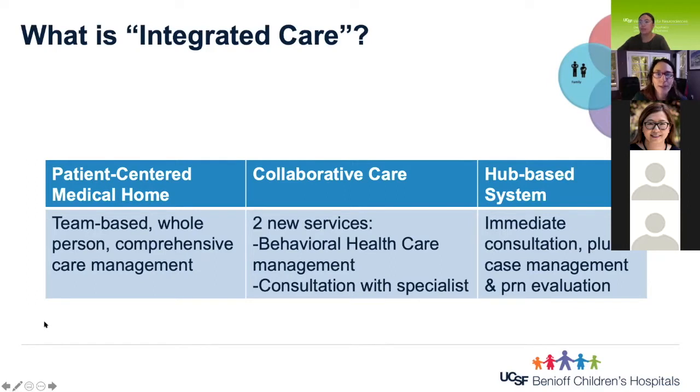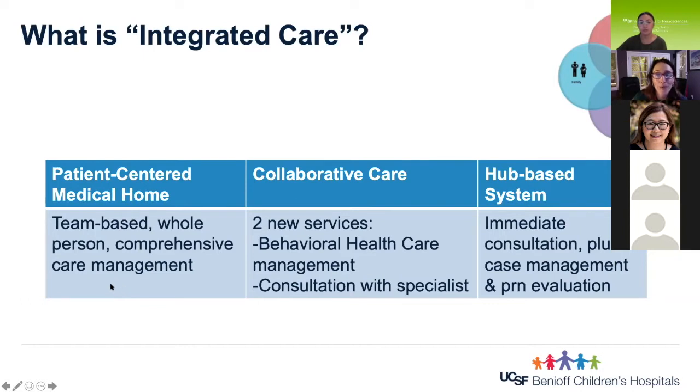So one is the patient-centered medical home, which helps to coordinate aspects of preventative care and acute and chronic care needs. These are usually based in teams with a whole person approach, trying to integrate mental and behavioral and physical primary care.